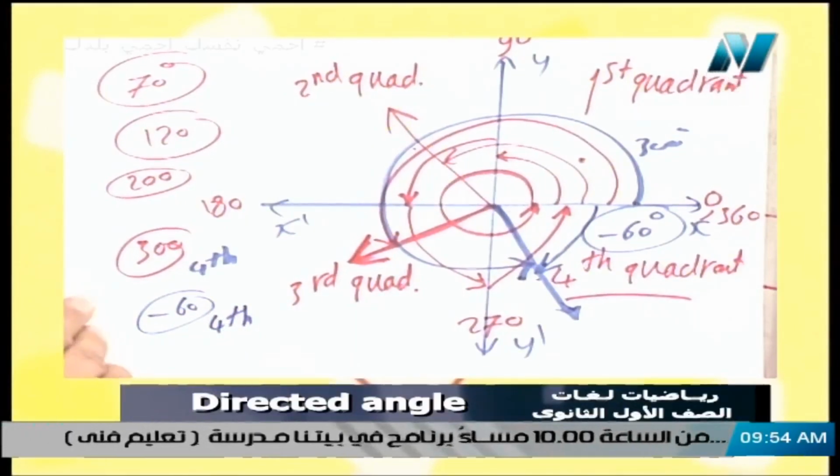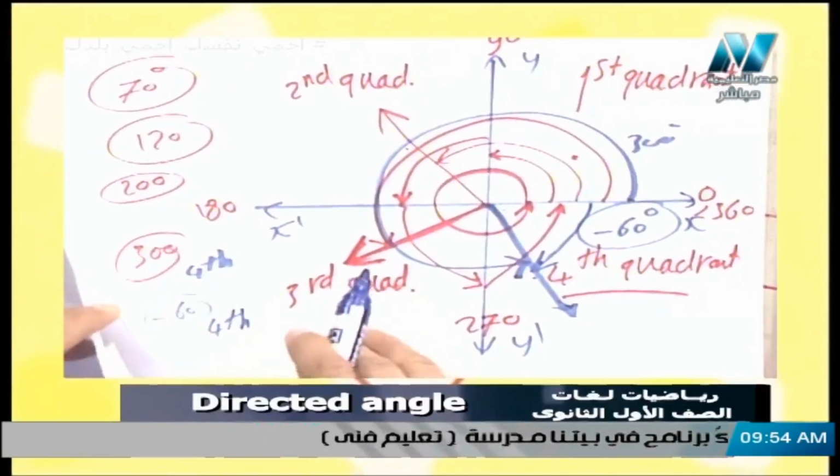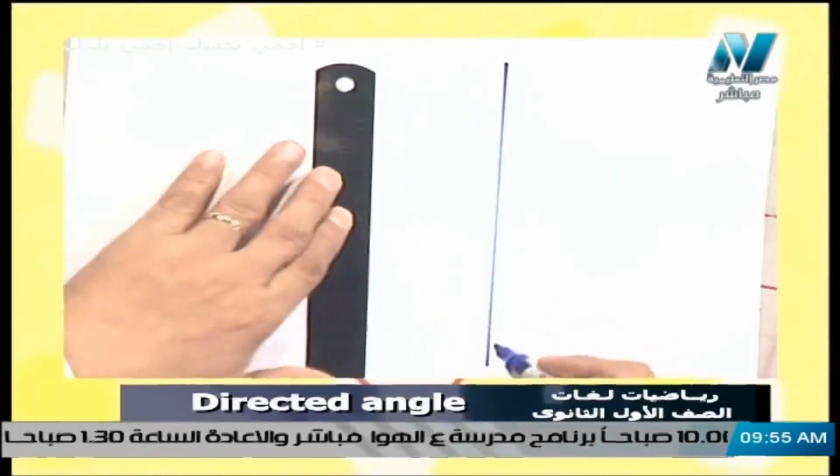But we will have some angles remaining. They are not in the first, second, third, or fourth quadrant. We call them quadrantal angles. What are the quadrantal angles? Let's concentrate here.